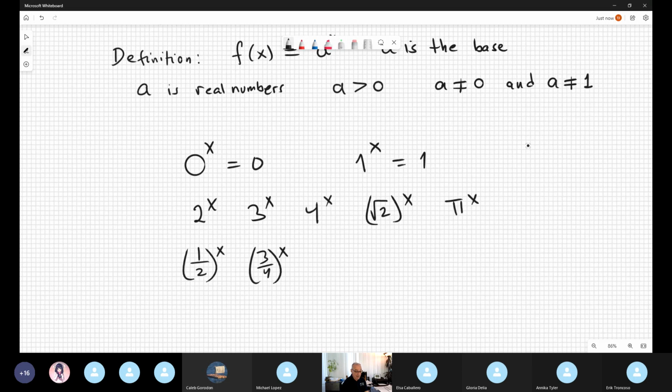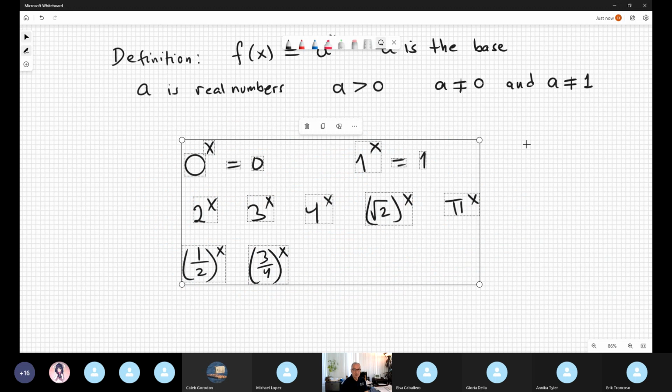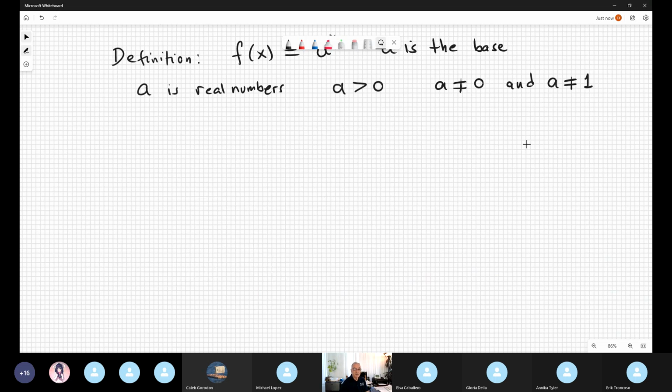However, I want to take advantage of this moment and differentiate two kinds of exponential. It's also exponential, but two kinds. If the base, which I call a, is greater than 1, this is an increasing exponential.